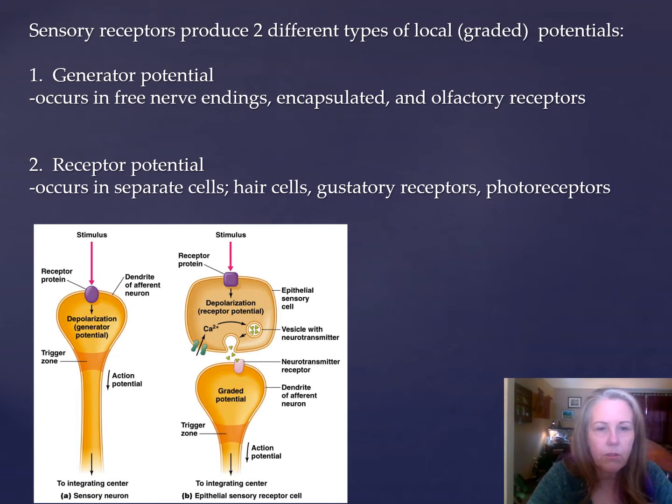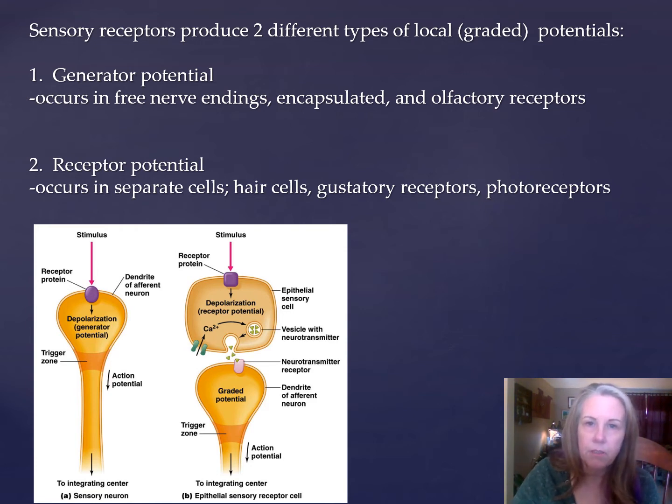Now if I leave my cursor over that picture, it'll advance to the next slide. So I don't want to do that too long, but if you look at where it shows the stimulus, a stimulus is going to act on the sensory receptor. Right? We've already talked about that there's lots of different types of stimulus and for the various types of sensory receptors.